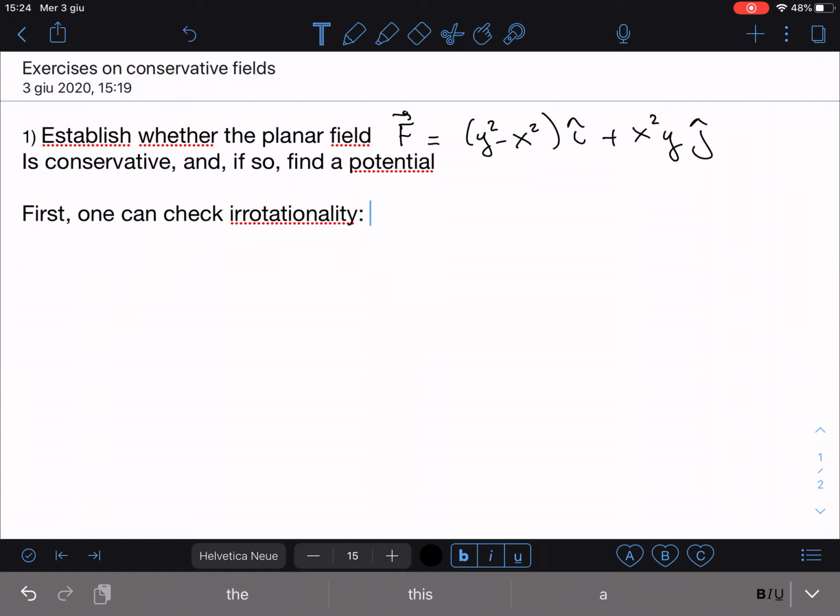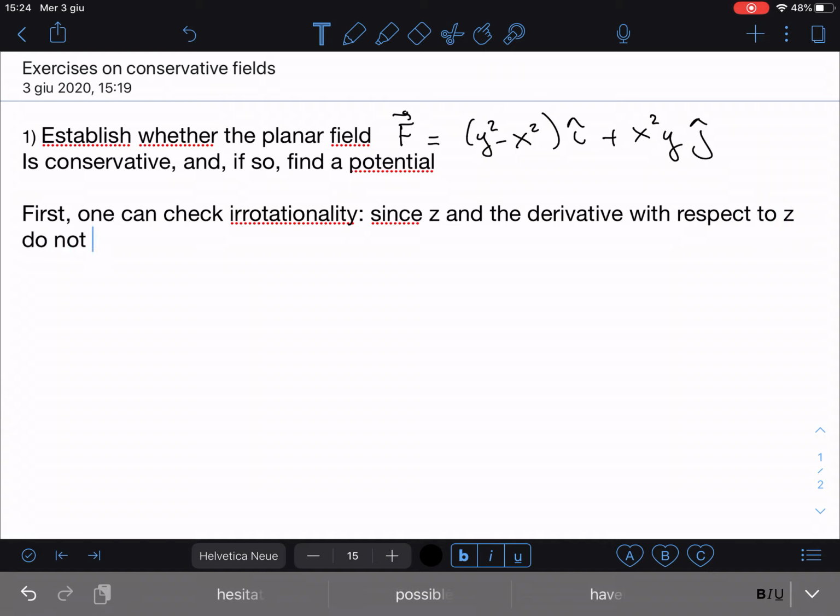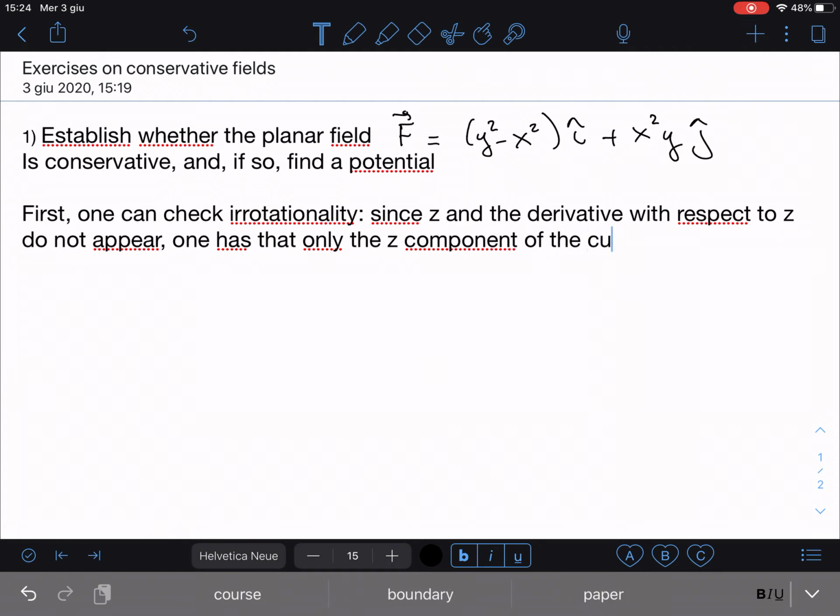But since it is planar, z and the derivative with respect to z do not appear, so only the z component of the curl survives.